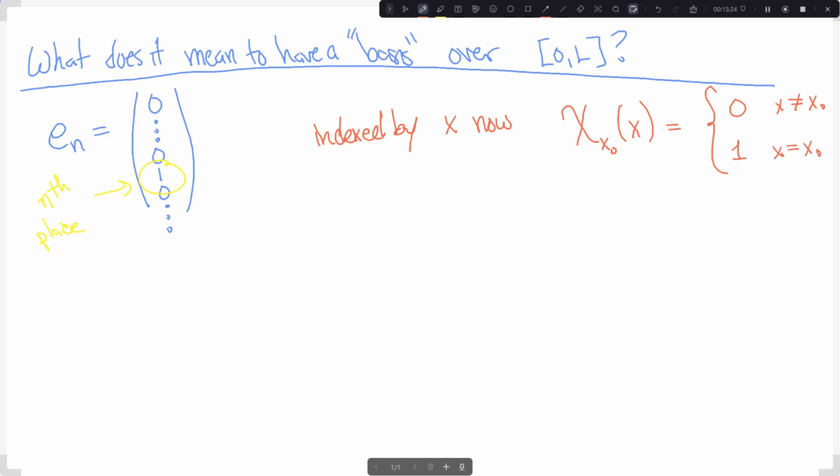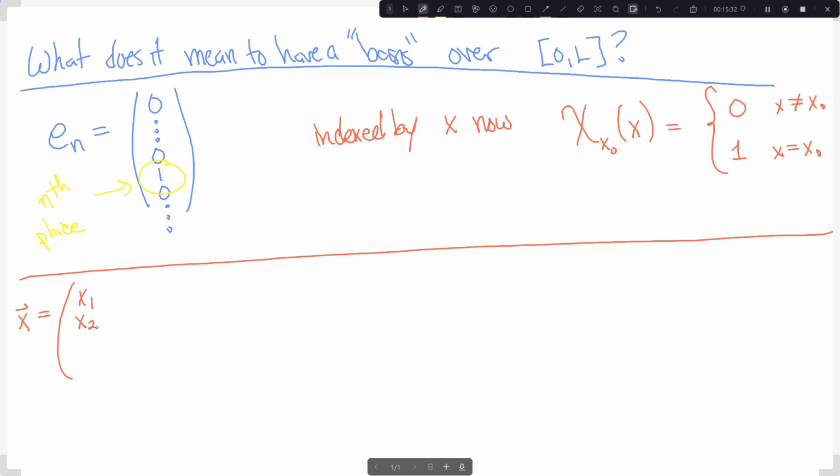And what that means is, similarly to how we were able to represent this vector x, which was x1, x2, dot, dot, dot, the vector was the sum j equals 1 to infinity of x sub j, e sub j. Now we have a similar idea, but for functions.